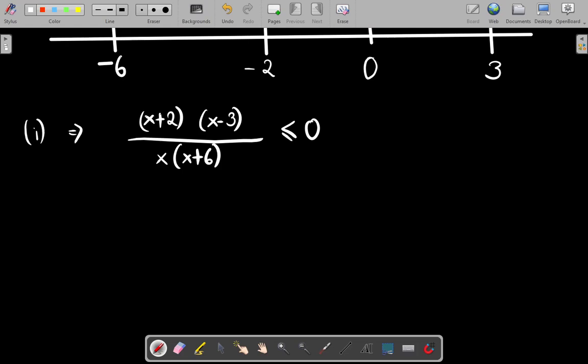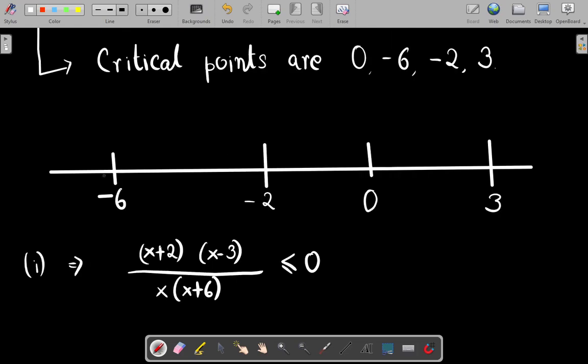Observing these critical points, region 1 is to the left of minus 6, region 2 is between minus 6 and minus 2, the third region is between minus 2 and 0, the fourth region is 0 to 3, and the fifth region is to the right of 3. I will analyze each of these regions and see which one satisfies this inequality.